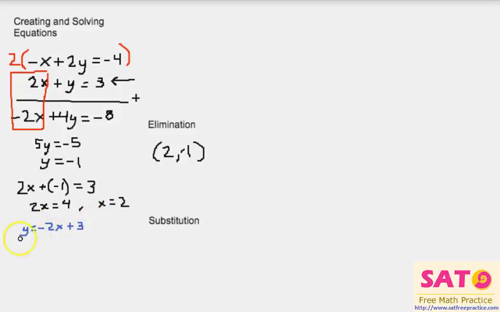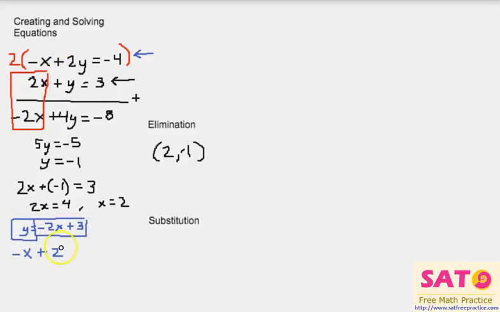Now we can substitute this into the first equation, and remember that this is just normal, it's not multiplied by 2 anymore. So if we plug it in, it would be negative x plus 2, and since this part is y, that would be the part we're plugging in for y.